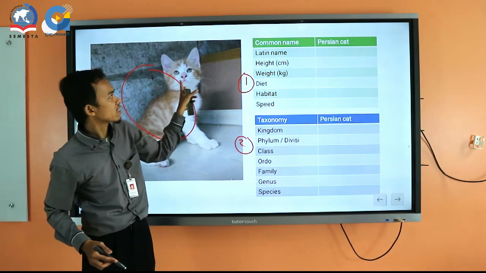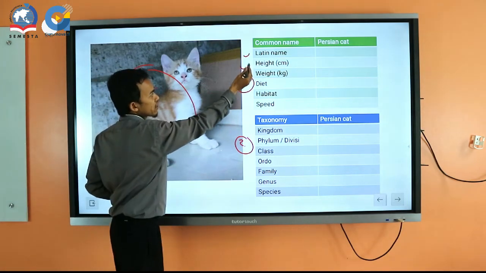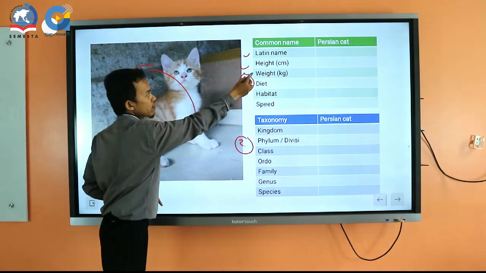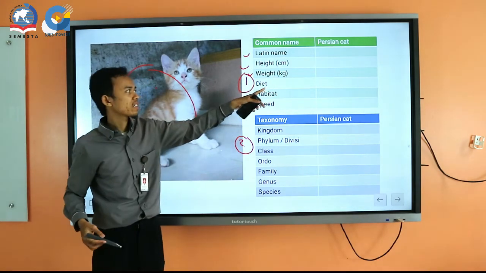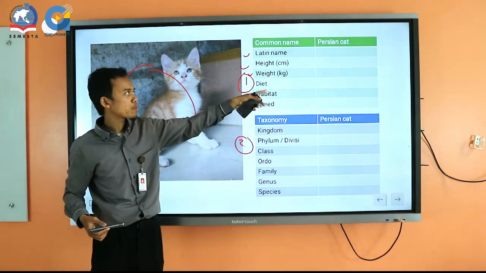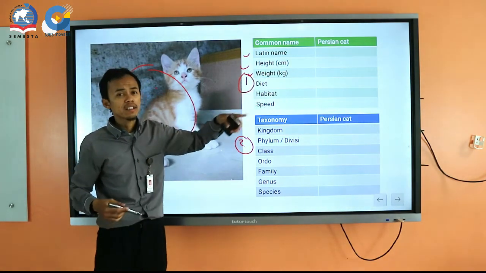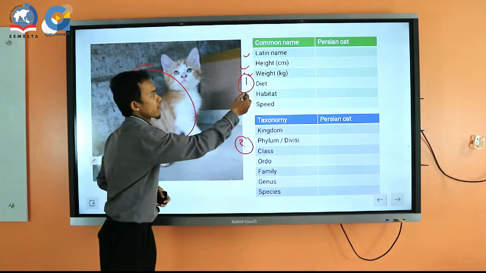For example, this Persian cat: you write the name, height in centimeters, weight in kilograms. If you find another unit for weight, for example pounds, you convert to kilograms. If you find the height in another unit like feet, you convert to centimeters.